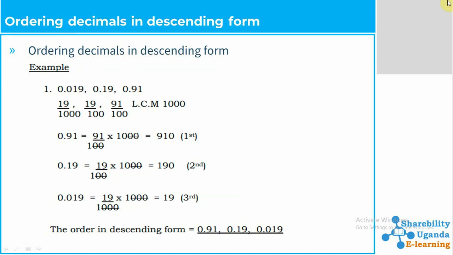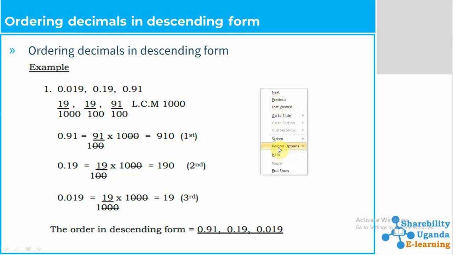When we are to find out which one is the biggest or which one is the smallest, we have to look at these numbers very well. These are the numbers. We have 0.01, 0.019, 0.19, 0.91.